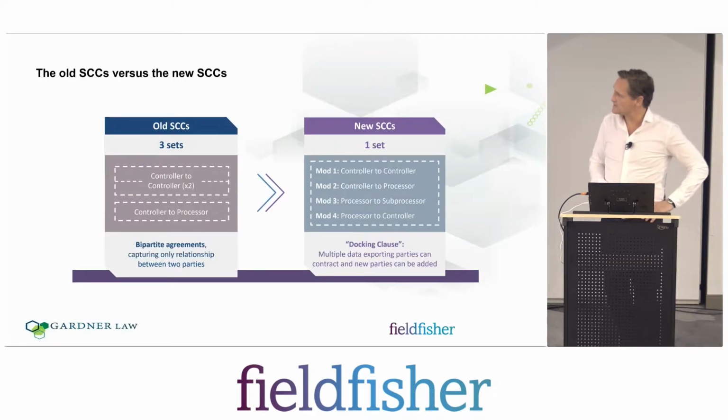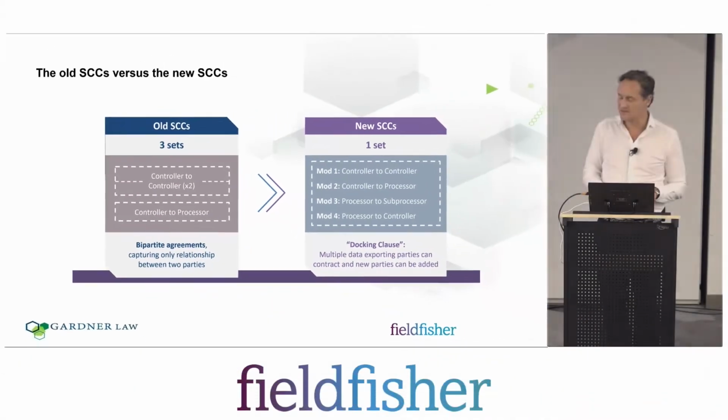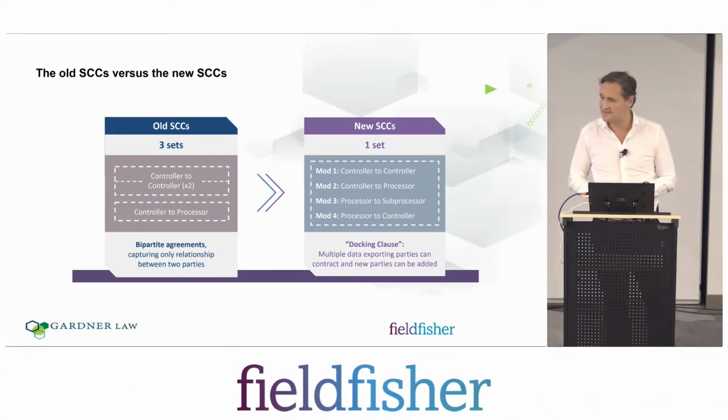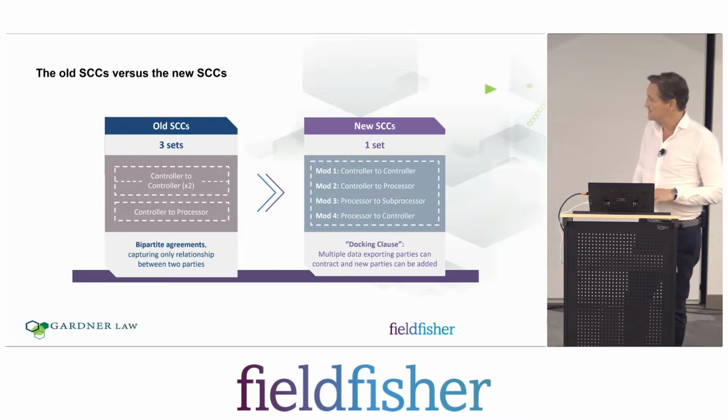So what's the difference between the old SCCs and the new SCCs? The old set of SCCs was not very flexible. There were only three different modules that you could make use of: two different kinds of so-called controller-to-controller standard contractual clauses, and one set of clauses for use between controller and processor. Compared to that, we have a much more flexible approach with the new SCCs. We have four different modules.